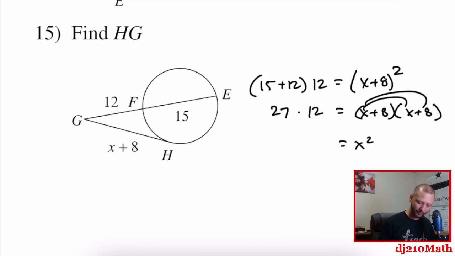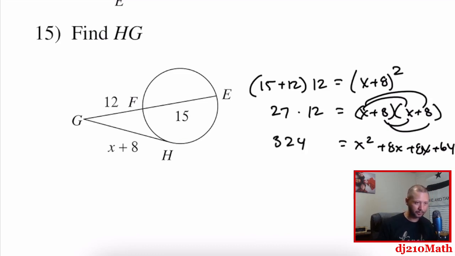So x squared plus 8x plus 8x plus 64. 27 times 12, 324. I don't like where this is going, ladies and gentlemen. I don't like where this is going.